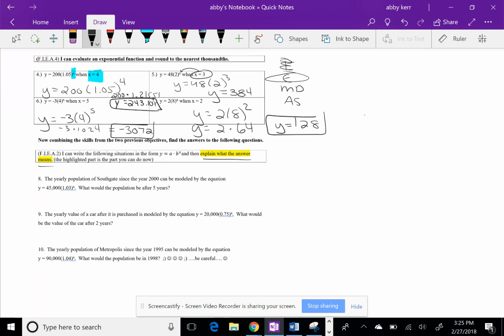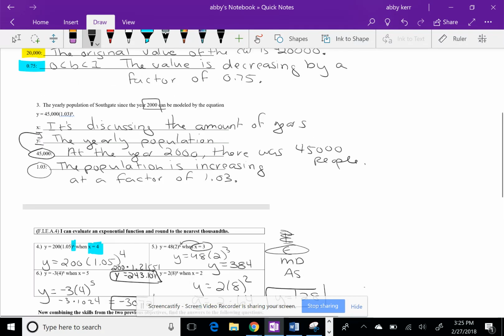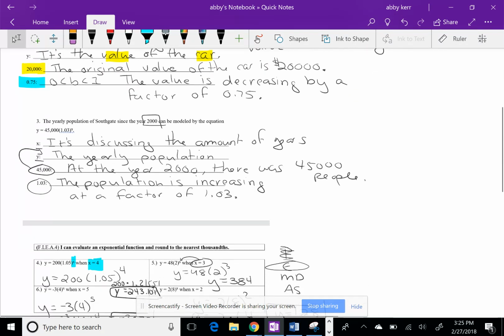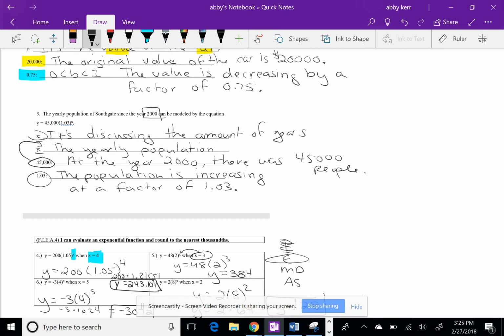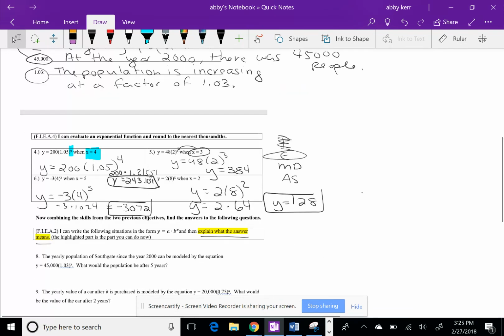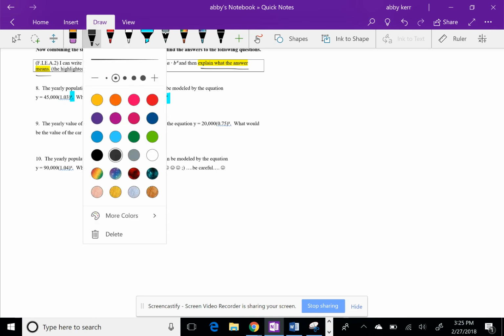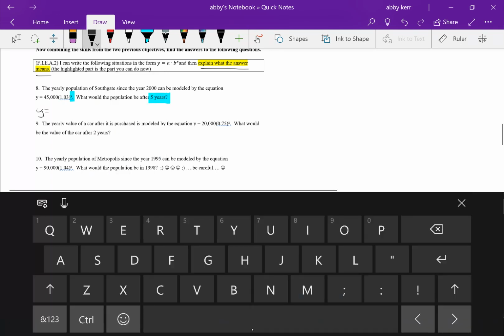So if you look at number 3, you talked about your x value. Your x value was the amount of years. So I gave you how many years you care about. I gave you 5 years. So that's going to go into your x value. So you have y equals the 45,000.